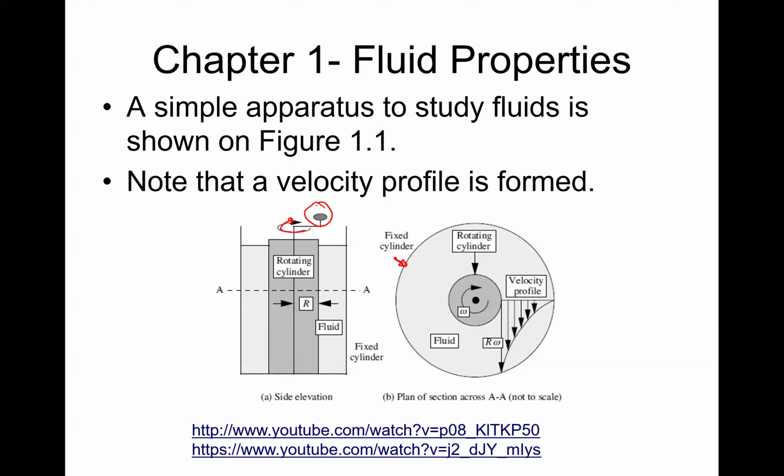And then obviously the outside is not moving, so it's a fixed cylinder. And when you rotate that cylinder, what happens is that you create a velocity close to that rotating cylinder, and the velocity close to the fixed cylinder is zero. And that's basically what happens in the no-slip condition. I will let you look at the videos in more detail so you understand those concepts.